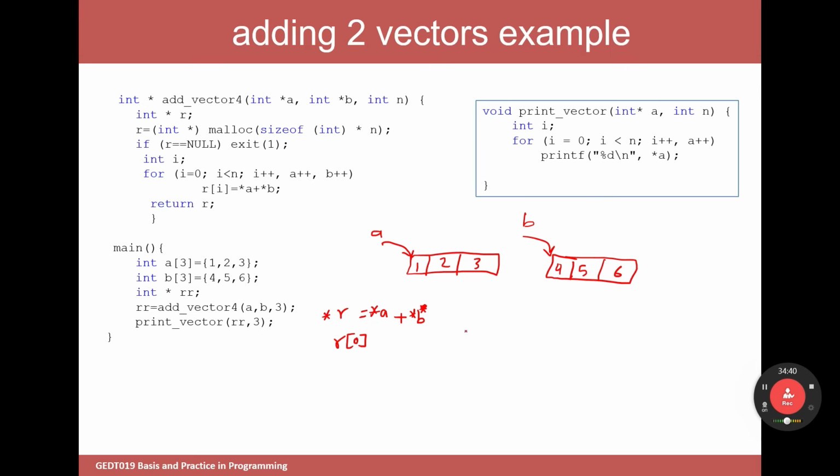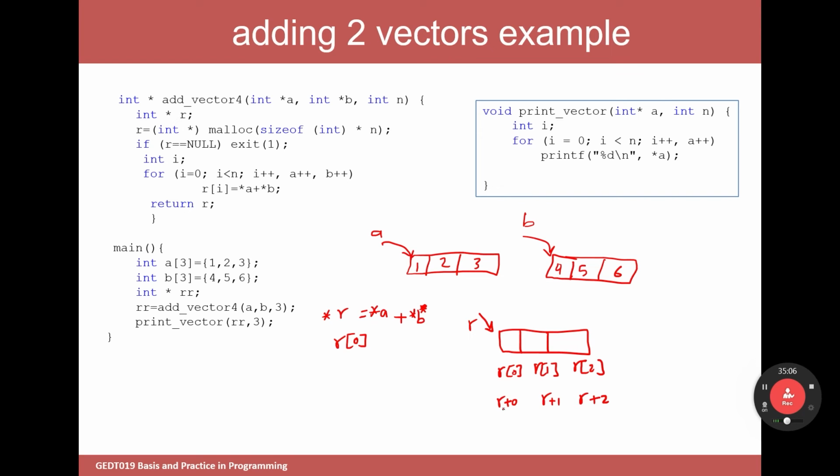They will go to R0. R0 is the new vector. This is R. So R is pointing to here, and R has 3 elements: R0, R1, and then R2. Or this one is equal to R plus 0, R plus 1, R plus 2.